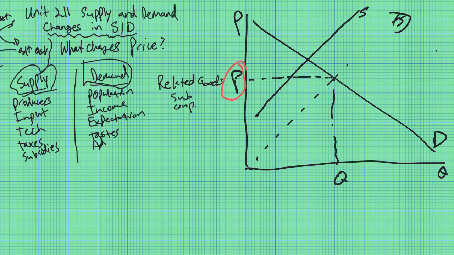Well, now here's the price. Price hasn't changed yet. I know supply shifted to the left, but the price didn't change. But this quantity here is now the quantity that's demanded only. This quantity is the quantity supplied. Why is the quantity supplied less than the quantity demanded? Because the supply curve shifted to the left and the price is still right there.